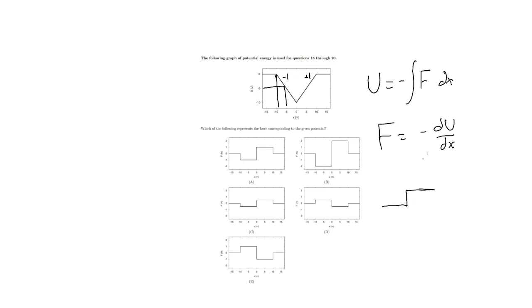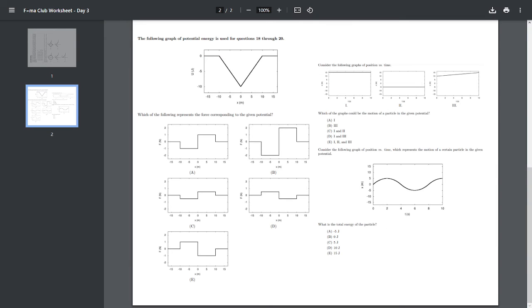Then it's going to drop down to -1, because the slope is +1 and the negative derivative of that is -1. So your graph's going to look something like this, where it's 0, 1, and -1. The only option that satisfies that is E. So that's our answer. All right, let's go back here.